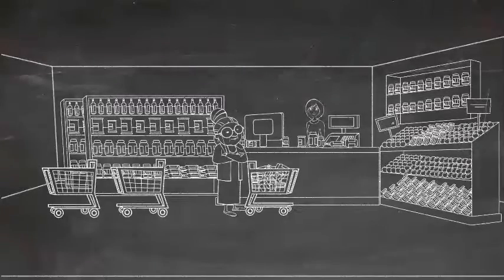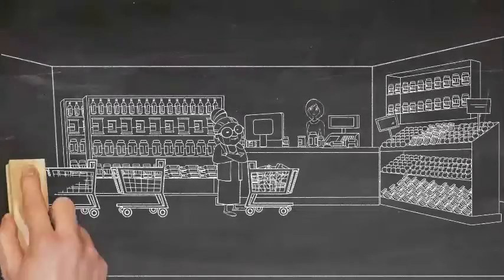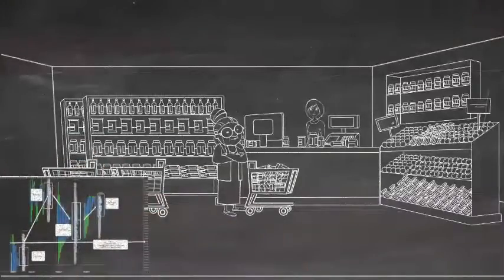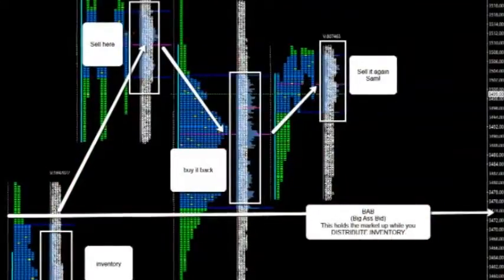Just as we discussed in the business model of wholesale, they buy the market low, they force the price up, and they place a big bid to hold the price up to the level that they want to sell the market to all the people who are chasing the price.